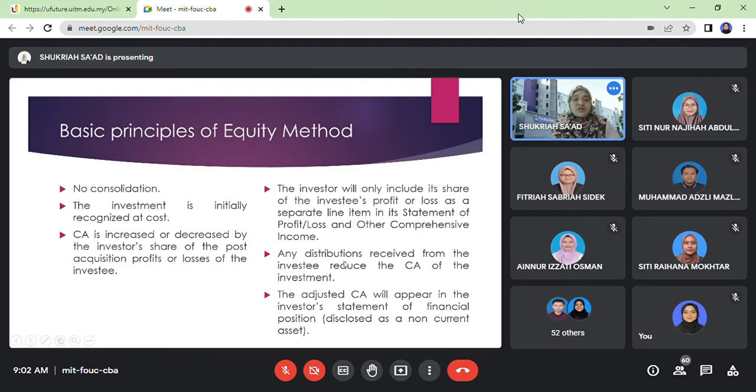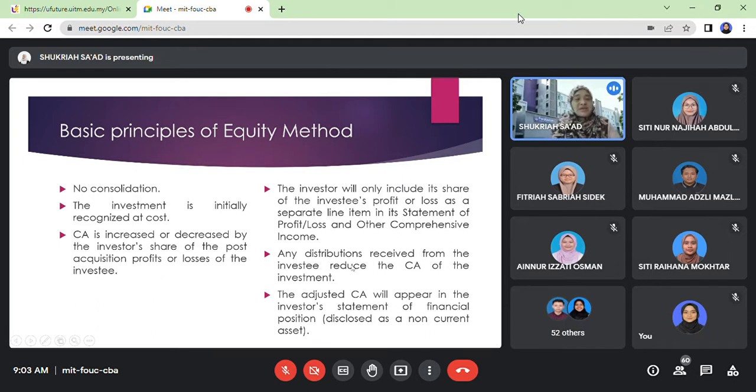So any distribution received from the investee will reduce the carrying amount of the investment. Any distribution received by the holding company from the associate, we reduce the carrying amount. This is related to the earlier point, where the carrying amount is increased or decreased. So what kind of distribution is received by the holding company from the investee?